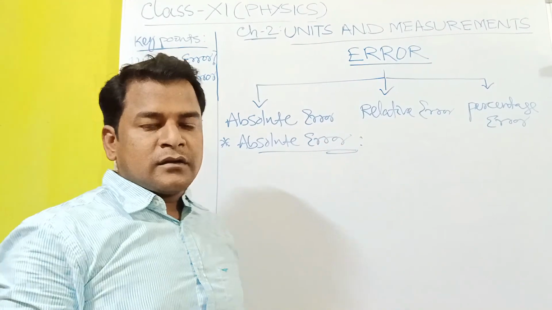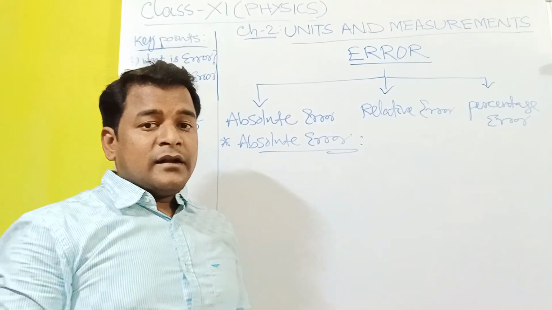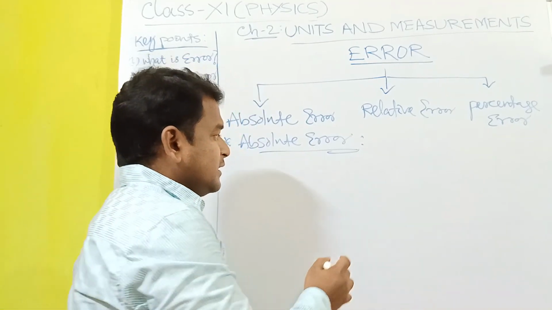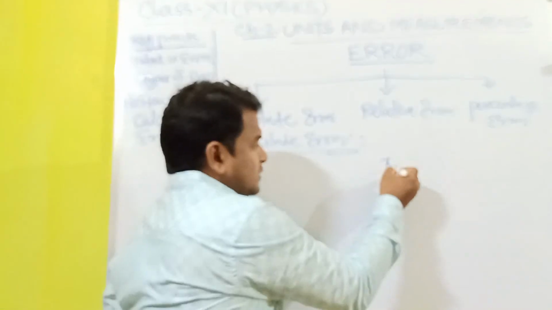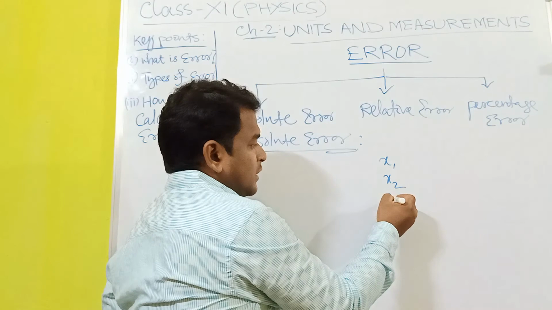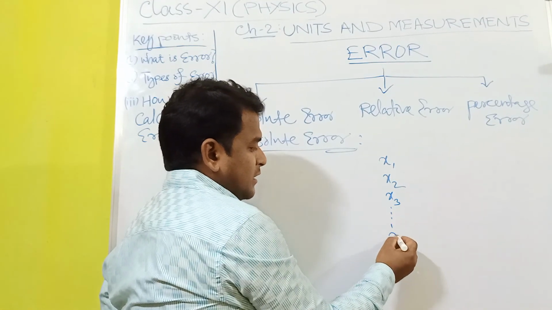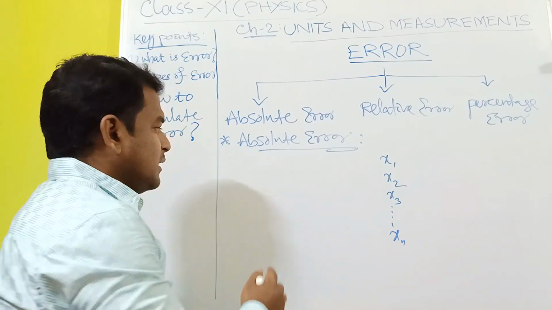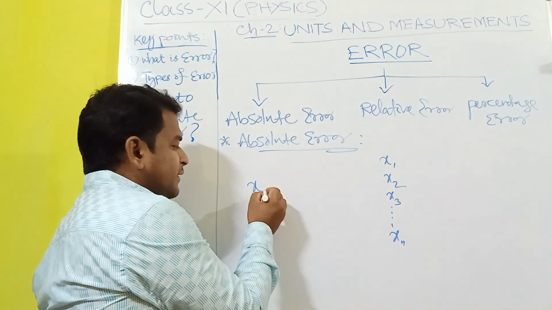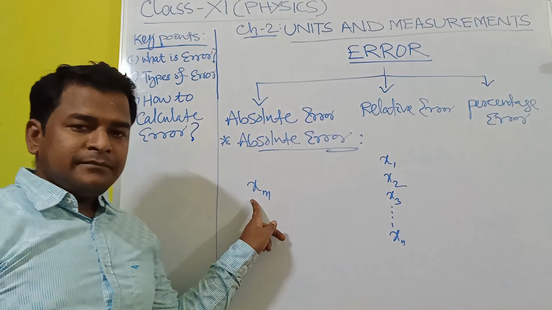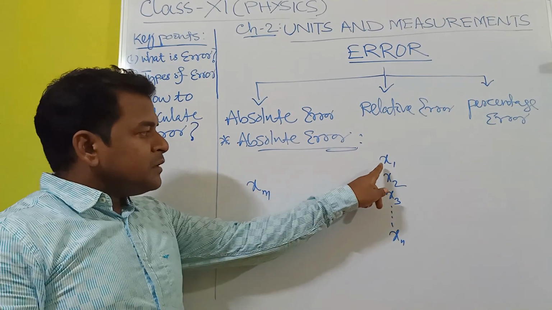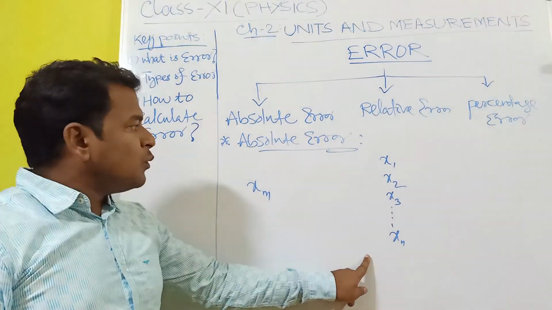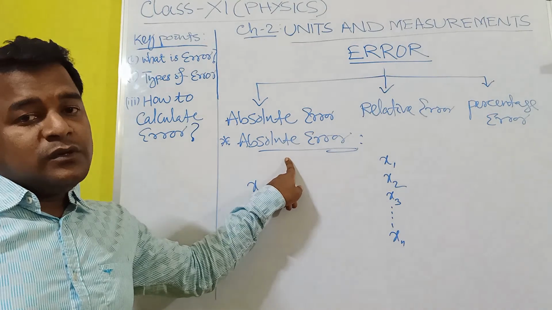What is absolute error? We have taken n number of observations and the readings are x1, x2, x3, up to xn. The mean value we have already derived, that is xm. Now for the individual readings we have to calculate the absolute errors.